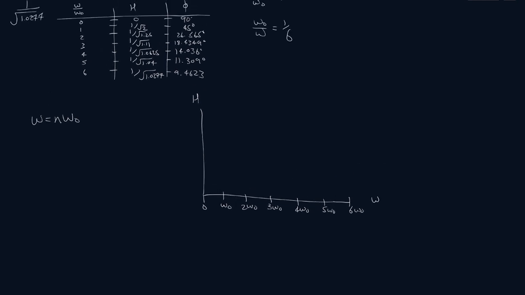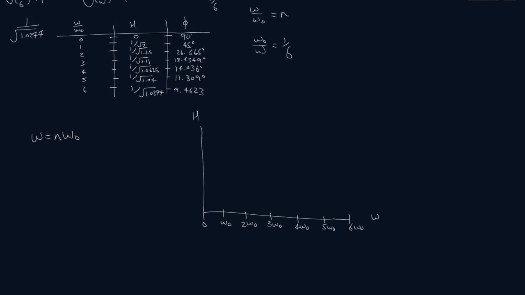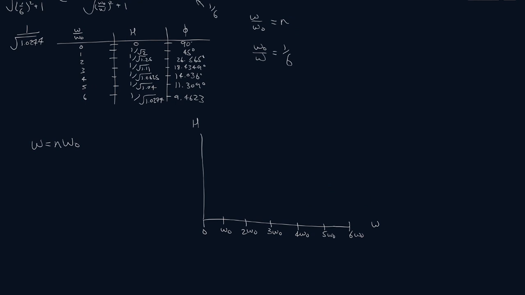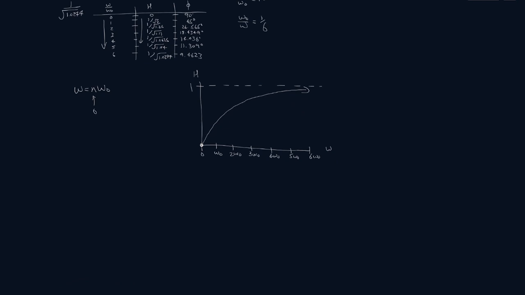Okay? So notice when N is 0, then W is obviously 0, and then H is also 0 at the same time. And then notice as N increases, our H value approaches 1, but never actually equals 1. So it's going to look something like this. It's going to approach 1, but never equal 1.